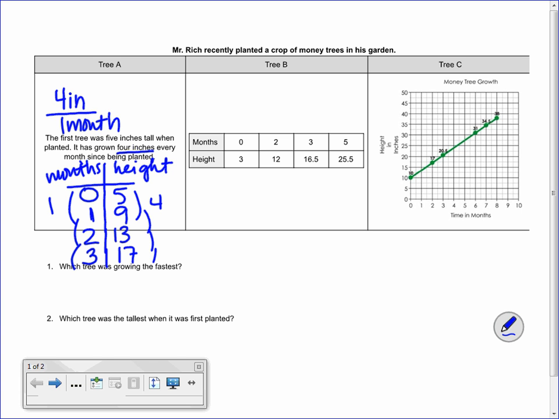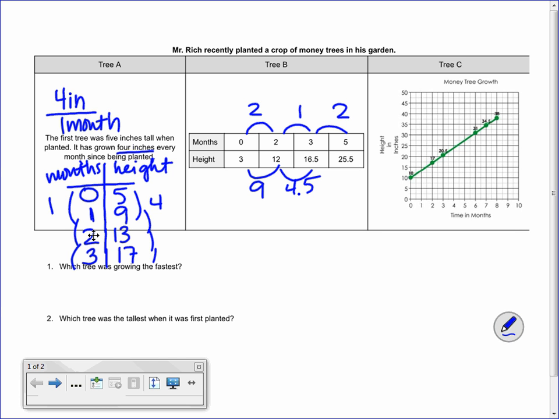So tree B is already in a table. I can see that from here, it's going by 2, then it goes 1, then it goes 2. So the pattern is not as consistent, but I can still compare these. From 3 to 12, it's 9. Here, it's 4.5.